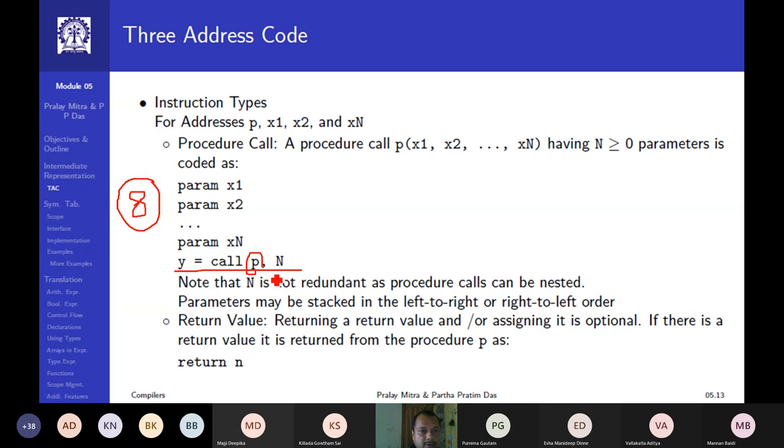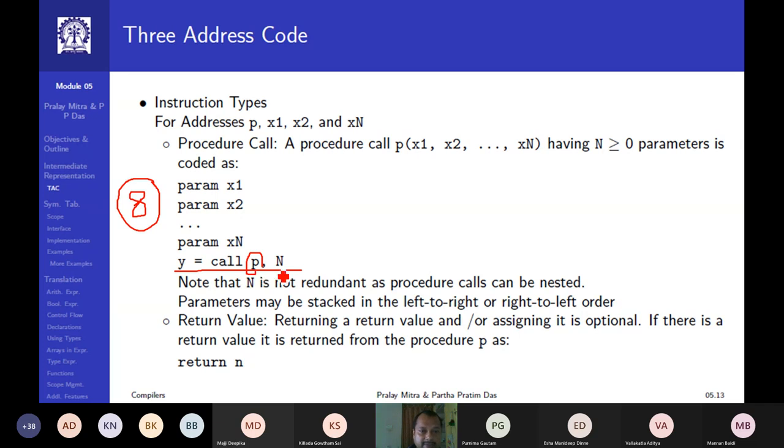Now I believe you are not surprised by seeing this kind of function call, because we have seen this in assembly language programs, where we loaded the parameters into the designated registers, and then finally we call the function. Once the control is transferred to the function, it will understand from where to pick the parameters.